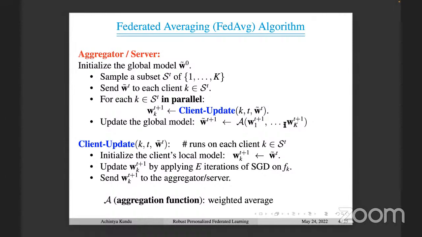So the goal here is to overcome things like that, and also utilize that the clients can do a certain amount of computation to minimize the amount of communication that you need. For example, if all the clients are doing several iterations before sending the updated model, then you expect that in quite a few rounds of communication, you can converge to a good global model.